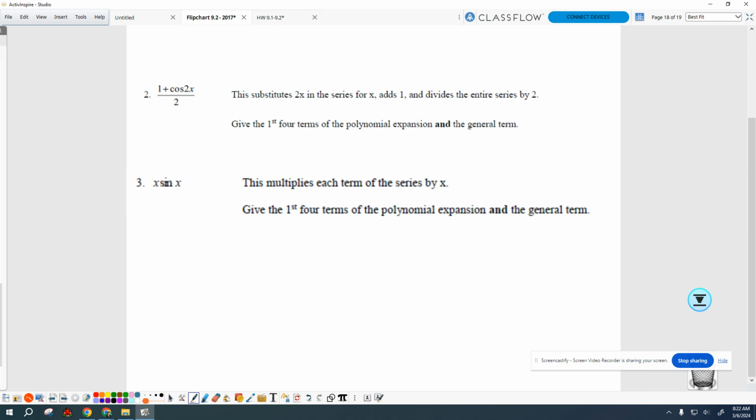How do you think we have to deal with number 3? You could just do the sine series and then multiply by x each time, so instead of x as the first term, it's x squared, and then minus x to the 4th over 3 factorial, plus x to the 6th over 5 factorial. Yes.